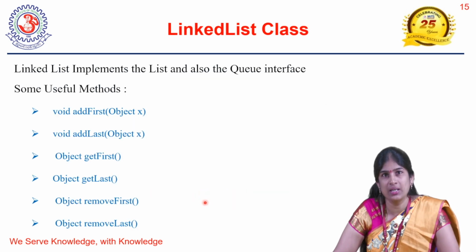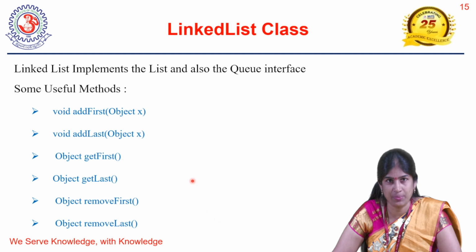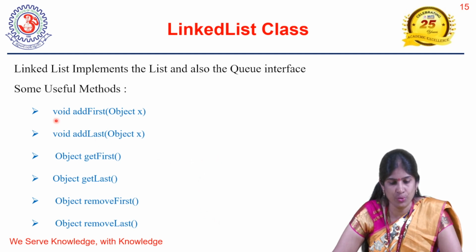Here are some linked list class methods available, like the addFirst method. Within the braces you give the element or object to be added. AddFirst means you are adding the element at the beginning of the list.